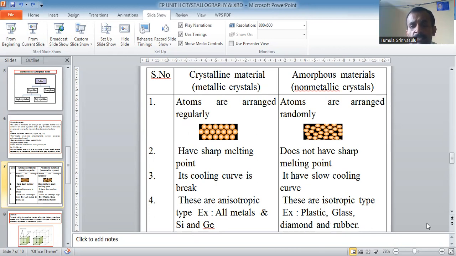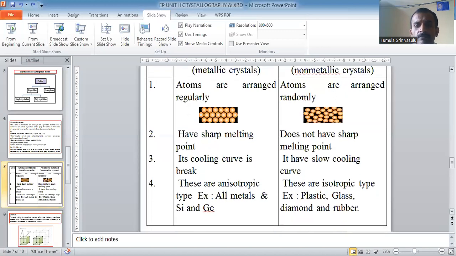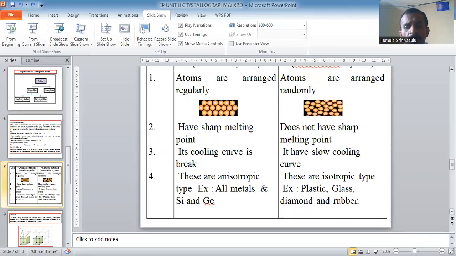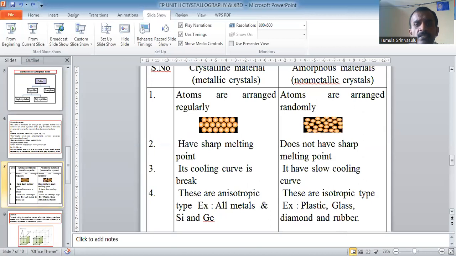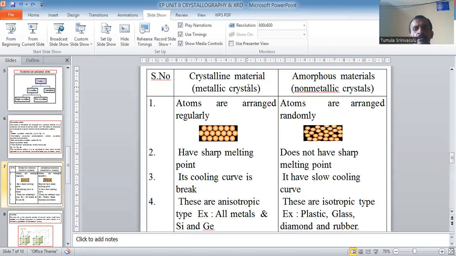Plastic material, glass, diamond and rubber have isotropic behavior. So these are some comparisons and differences between crystalline material and amorphous material. Crystalline materials are also called metallic crystals. Amorphous materials are also called non-metallic crystals.